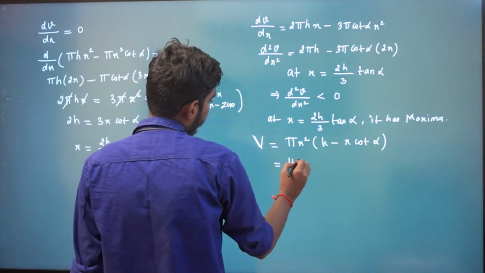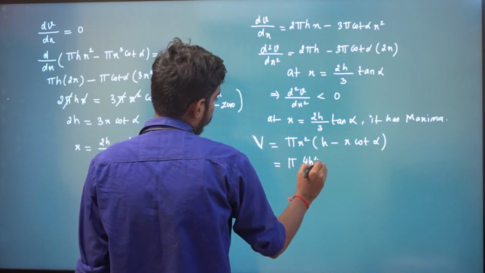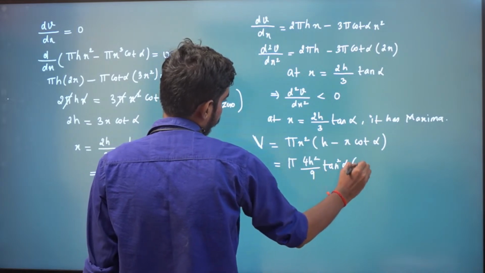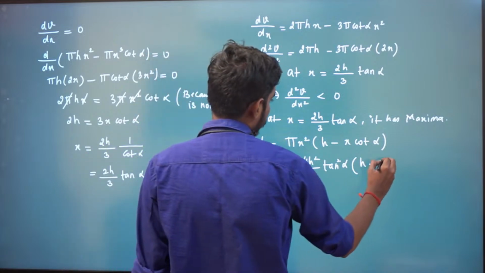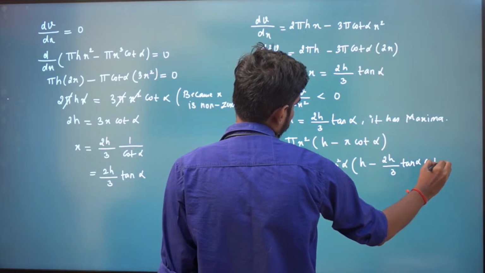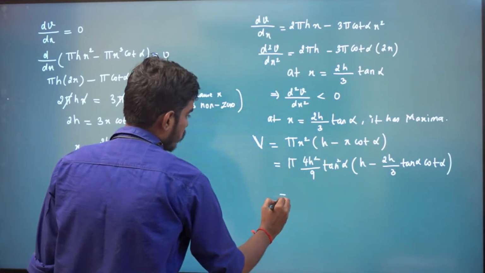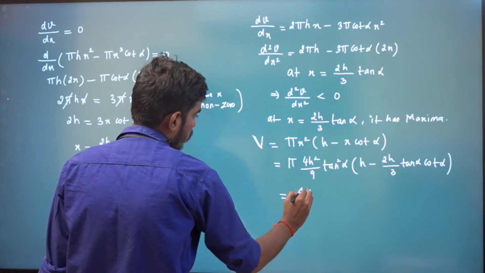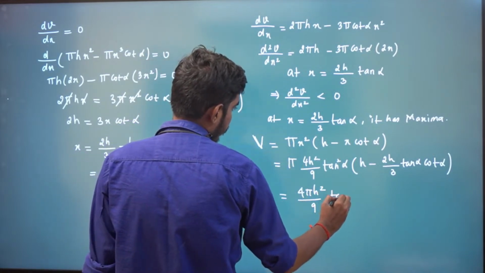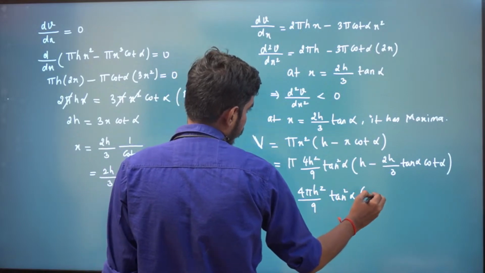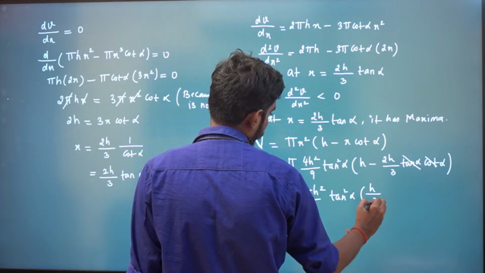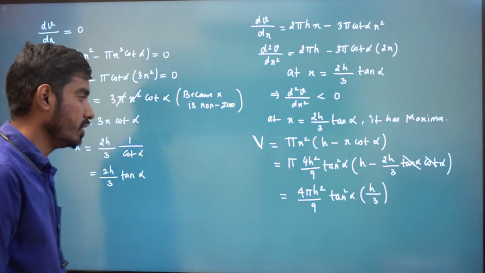So this is pi times x square, which is 4h square by 9 tan square alpha, times h minus x, which is 2h by 3 tan alpha into cot alpha. So we will have 4 pi h square by 9 tan square alpha, and these two will get cancelled. So 3h minus 2h is h by 3, right?